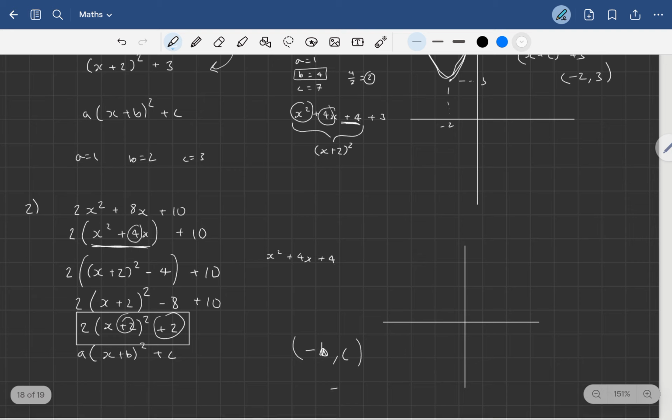So the turning point is negative 2, comma 2. Turning point is something that looks like that. However, we also have a coefficient of 2 at the front, which means the slopiness has increased. You multiplied every y value by 2. So it looks something like that.